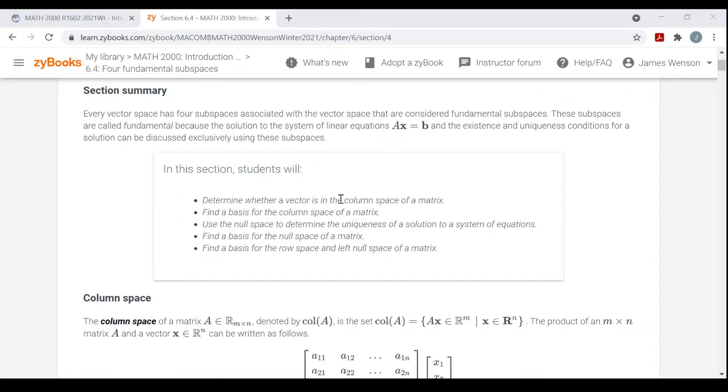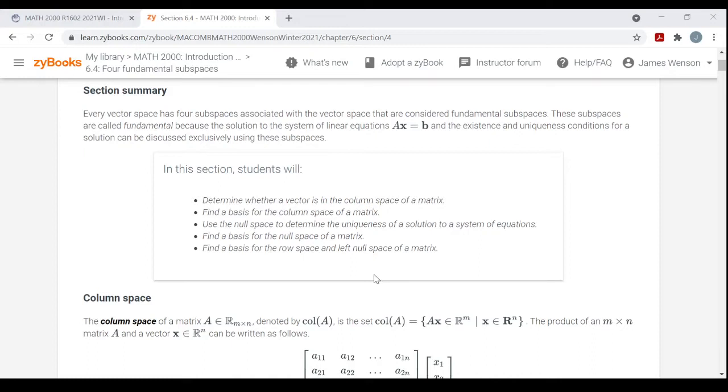Now these subspaces are the column space, the null space, sometimes referred to as the kernel, and then the row space and left null space.